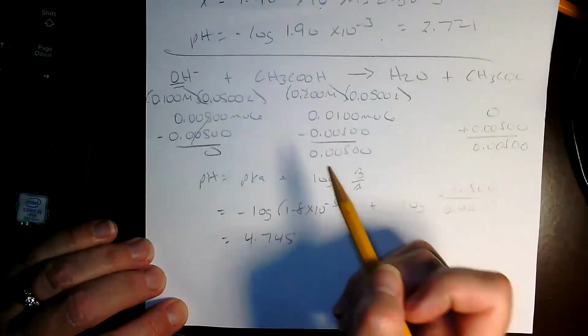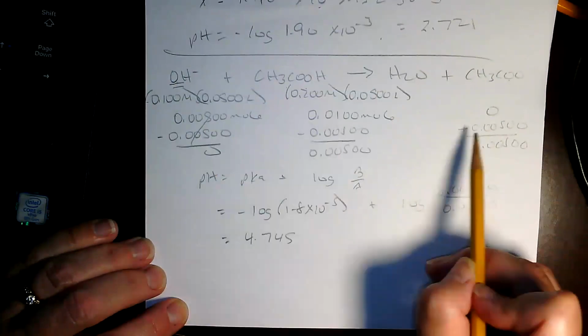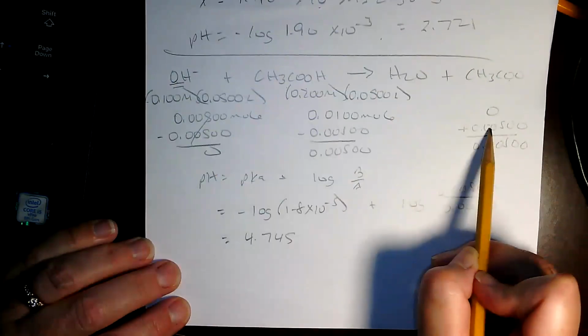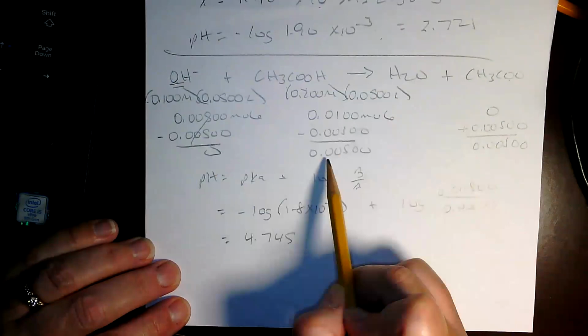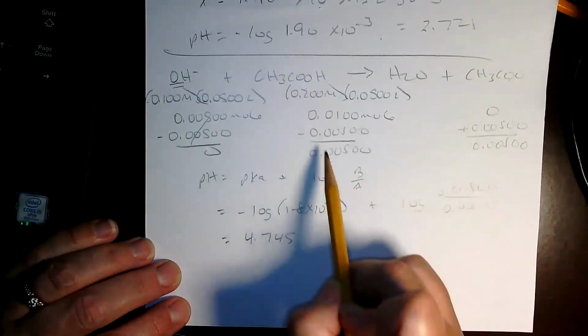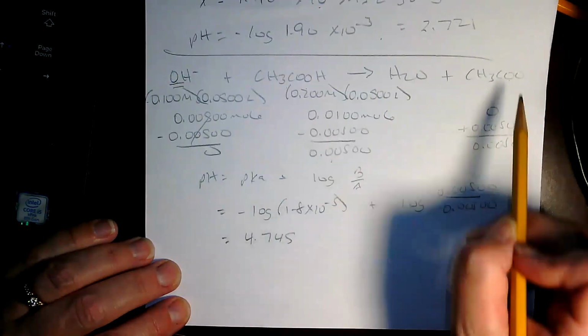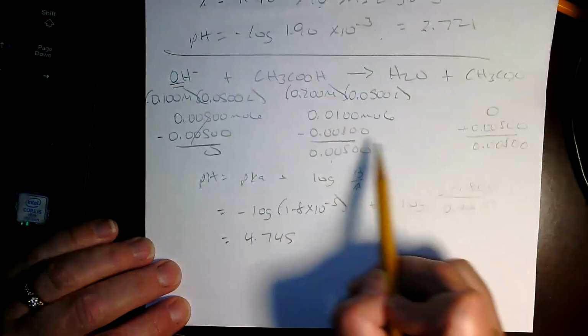And it reacts in a 1:1:1 ratio. So we're going to end up with 0.00500 moles of acetic acid and 0.00500 moles of acetate. This is a buffer solution.